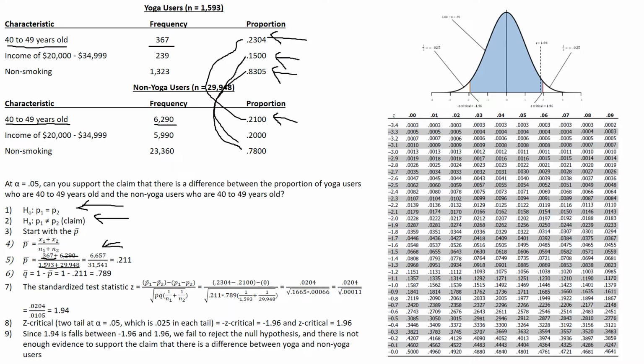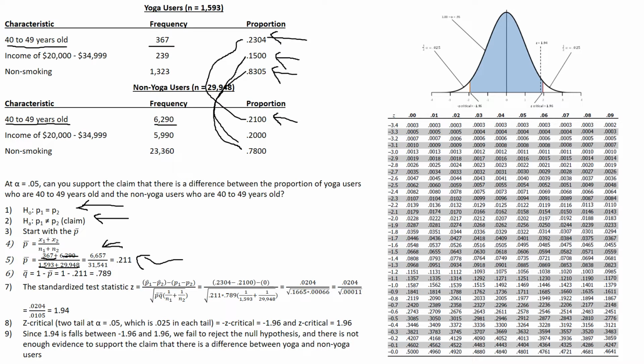So that ends up being 6,657 over the total, which is 0.211. That's my population proportion for success, which means my Q bar is 1 minus P bar, which is 1 minus 0.211, which is 0.789.